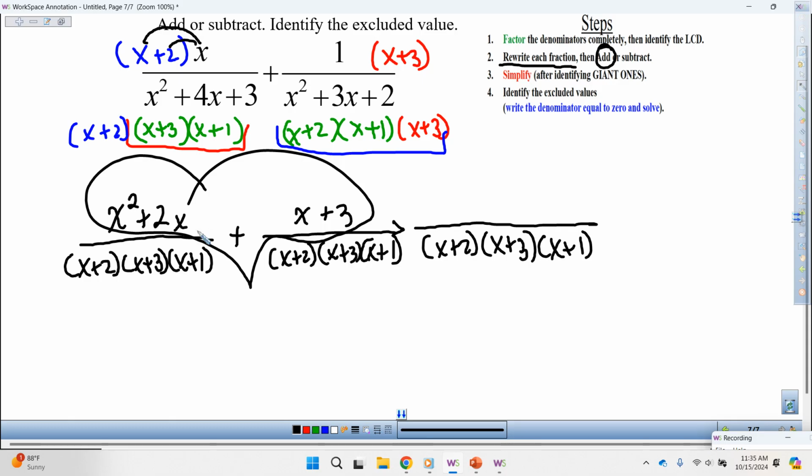What do you get when you combine that? Joseph? X squared plus 3x, and what else? Plus 3. So far so good, yes?